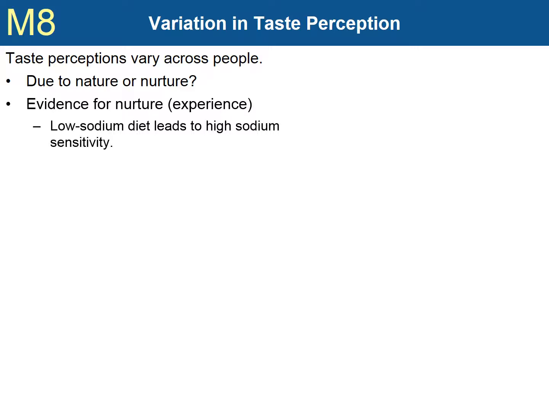One quick example is that our sensitivity to salt varies depending on the type of diet that we have. When put on a low-sodium diet, food might taste very bland at first, but one quickly adapts to the low sodium, and soon the amounts of salt that were previously used on food taste too salty.